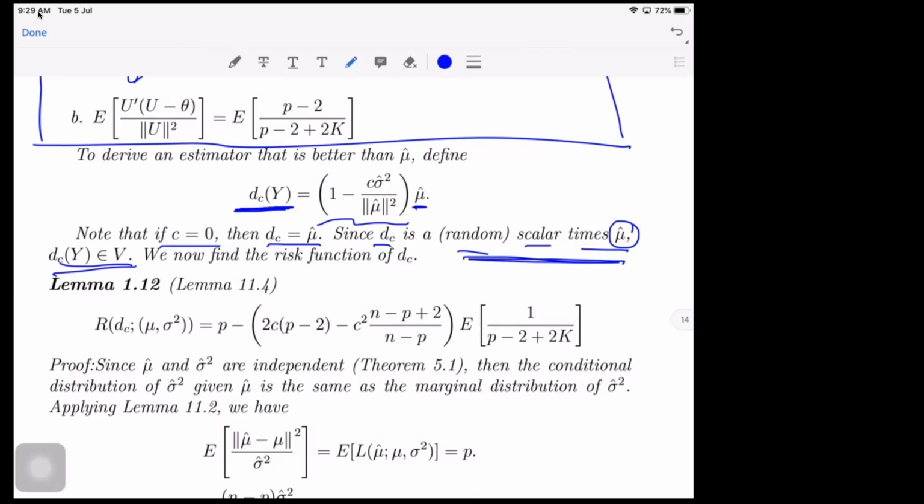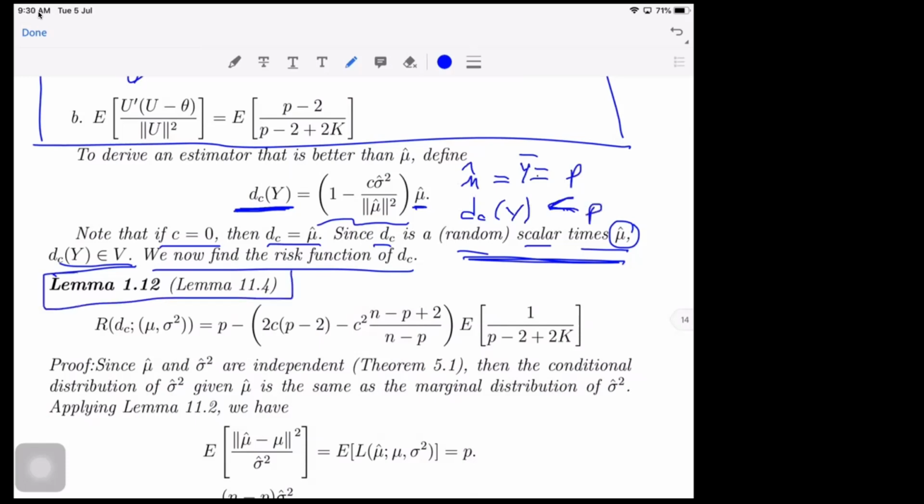So now we have to find the risk of D. Remember that the risk associated with Y bar is P, and this is your mu hat, we want to find an estimator wherein the risk associated with this estimator should be less than P.